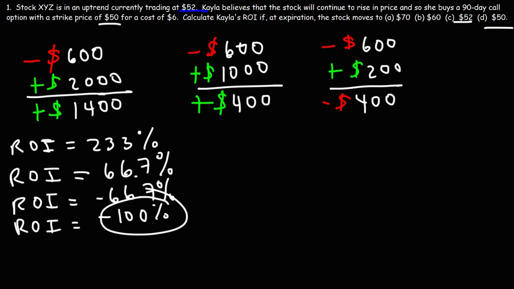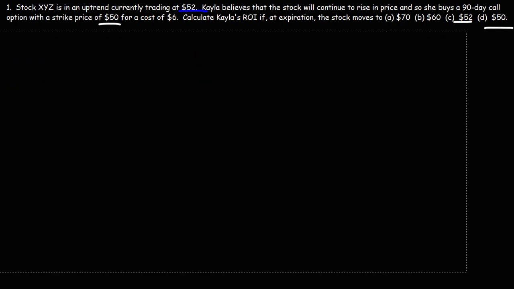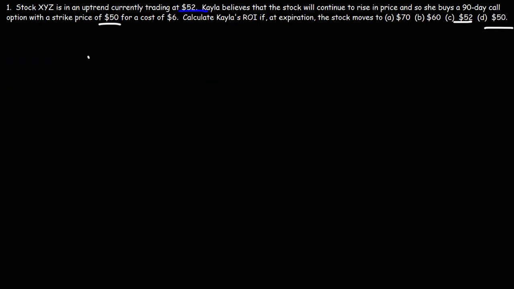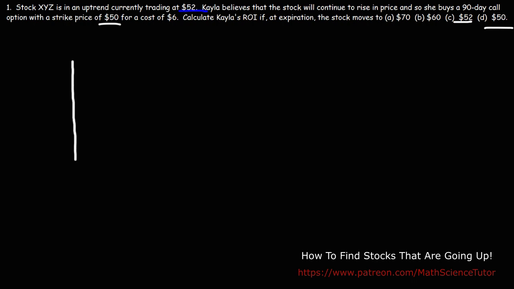Now let's talk about how we can draw a profit loss diagram. So let me just get rid of this, and let me increase the font size. So this is the y-axis, and this is the x-axis.